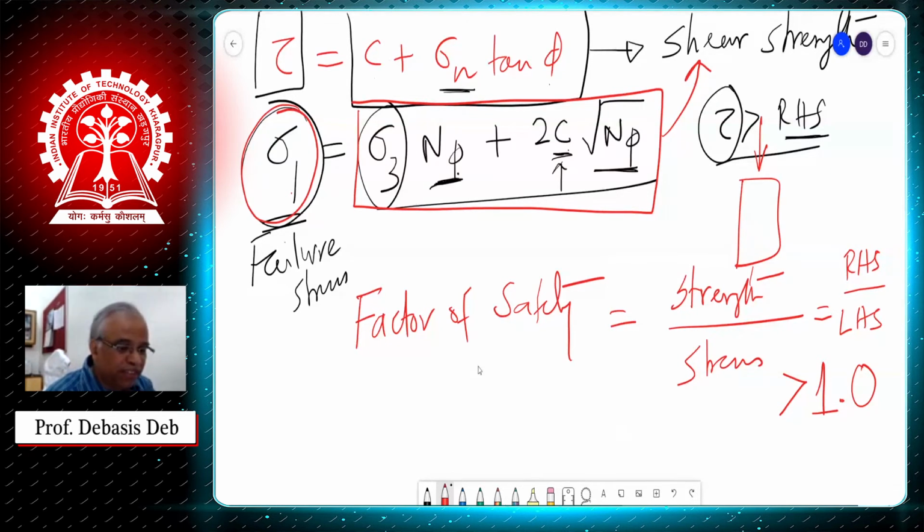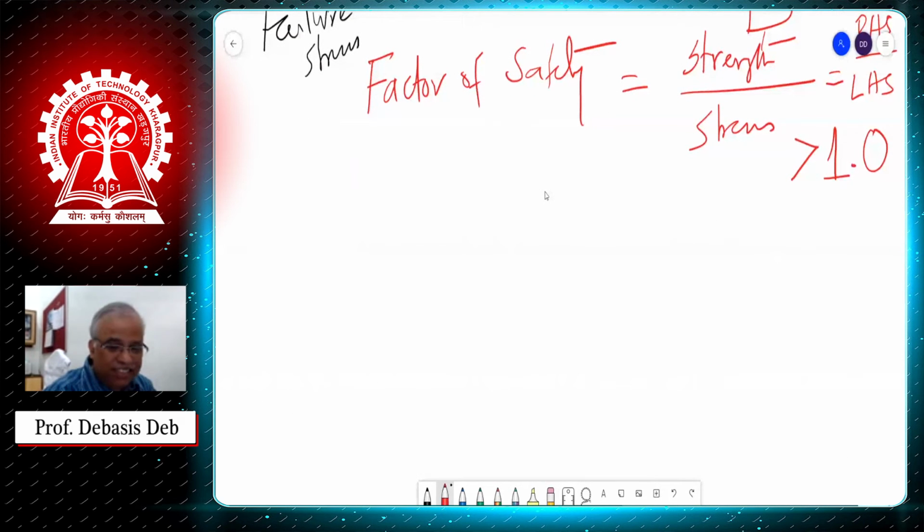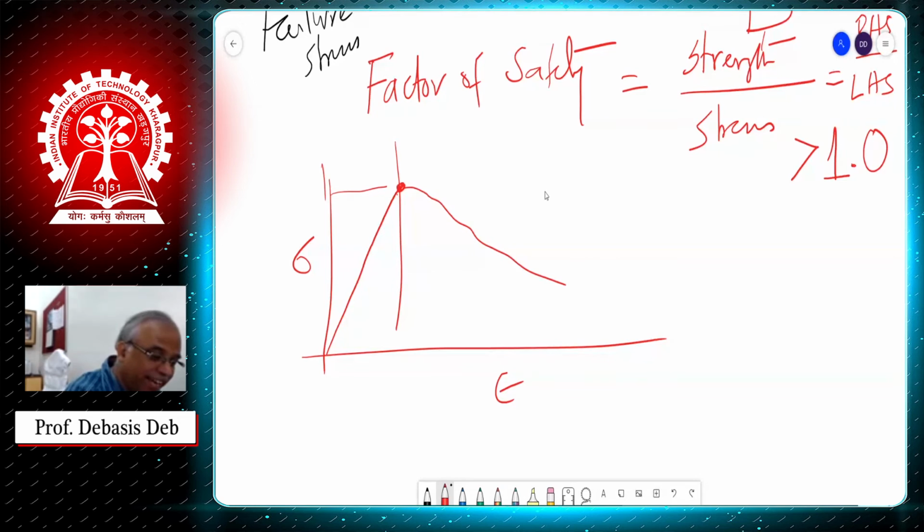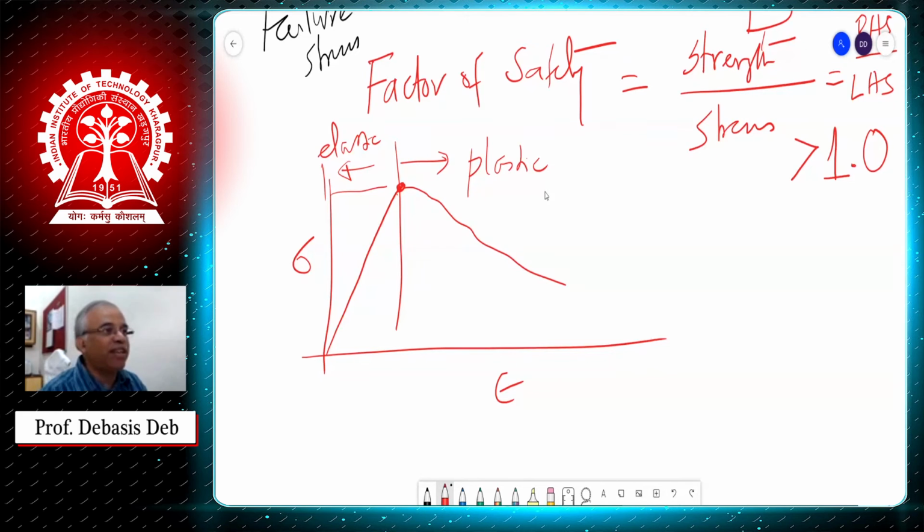If you remember, in the last class I started with sigma, and I told you I am going to talk about this point when it starts to fail. That means this point is saying whether I am on this side, the elastic side, or on the plastic side. So the factor of safety is telling me whether I'm in the elastic or plastic side.